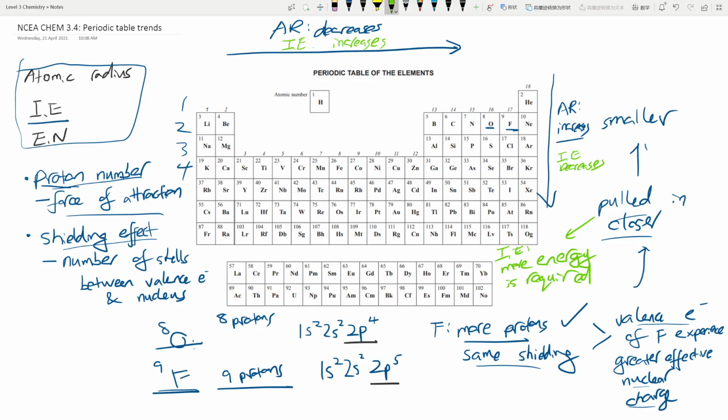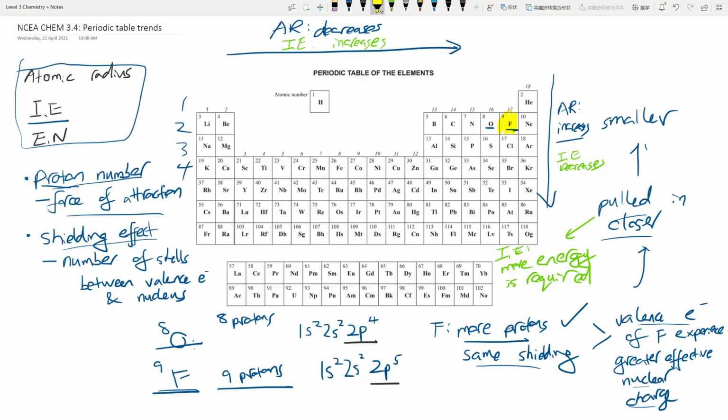Okay, now electronegativity. Electronegativity is looking at the force of attraction between the nucleus and the bonding electron. So it's actually really similar to atomic radius. And if you forgot how to do the electronegativity trend on the day, just remember fluorine is the most electronegative.